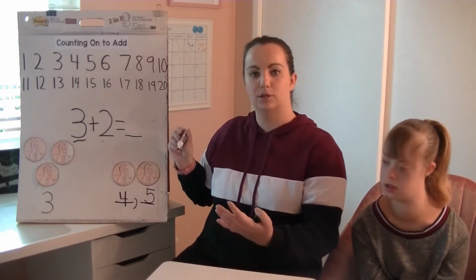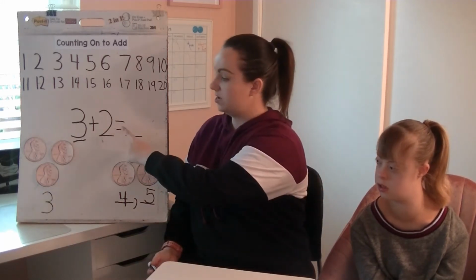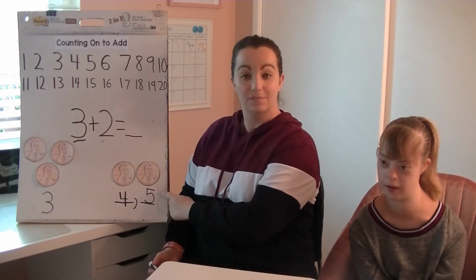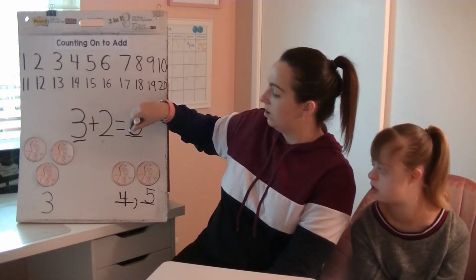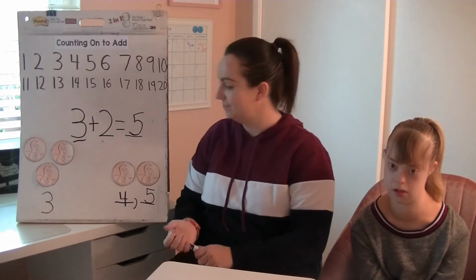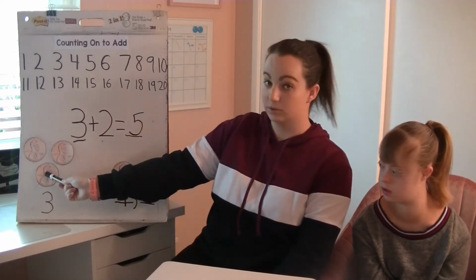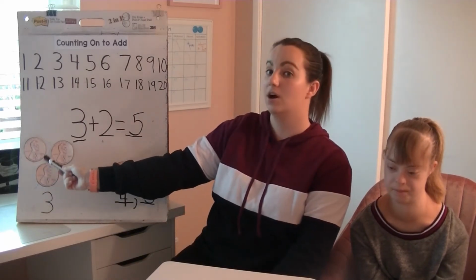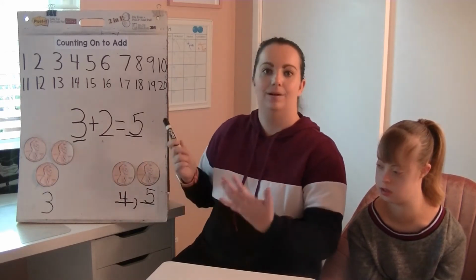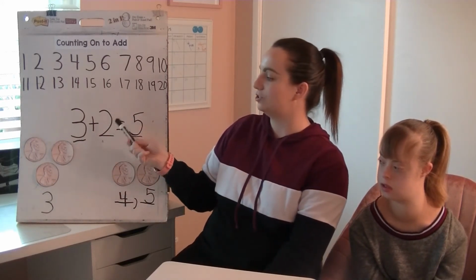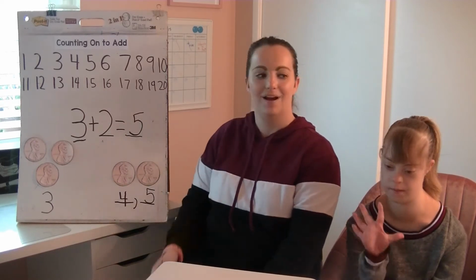And that's our answer. 3 plus 2 equals 5. 5, yes. Hopefully you were able to follow along with our counting on. Yes, we had 3, then we counted on, or counted 2 more, 4, 5. And we found that 3 plus 2 equals 5.